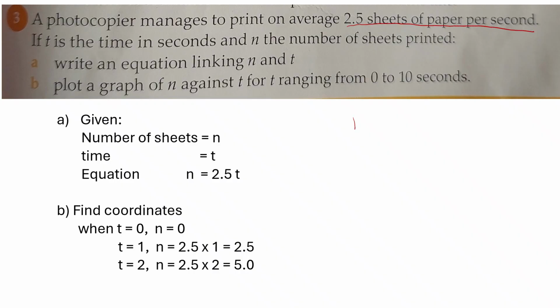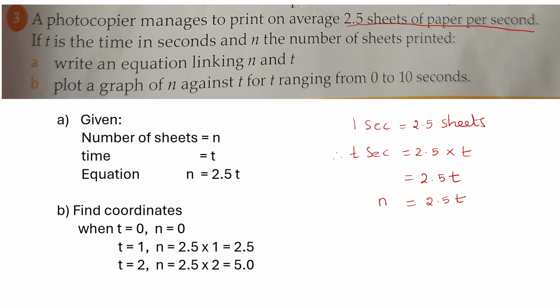That means in 1 second they are printing 2.5 sheets. Now we are finding for t seconds. That means 2.5 into t. So number of sheets n equals 2.5 into t.